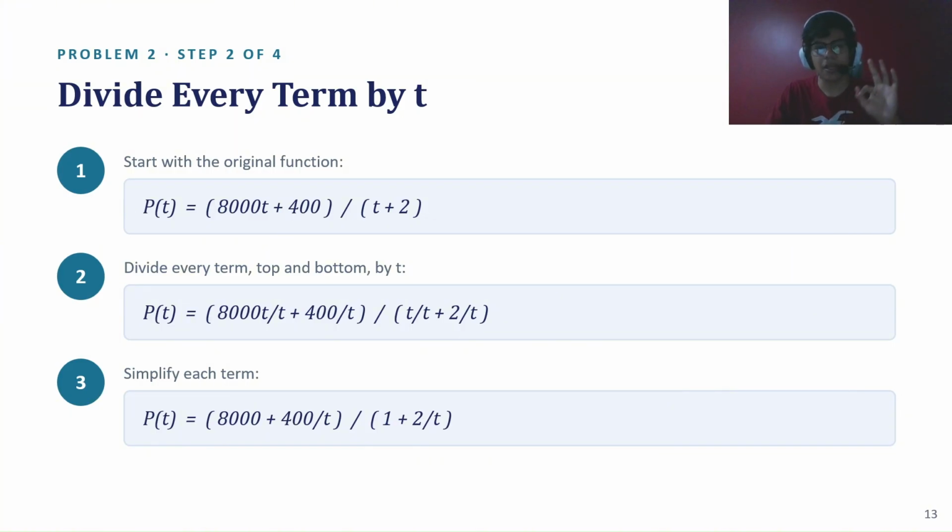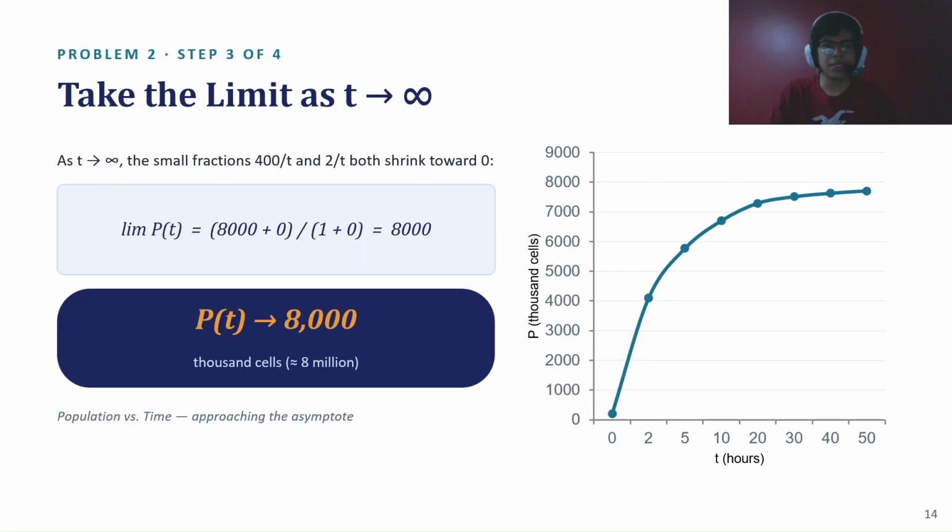This is the third part. We need to divide every term by t. Take the limit as t approaches infinity. Here's the graphic. This is important. As t approaches infinity, the small fractions, 400 divided by t and 2 divided by t, both shrink towards 0.